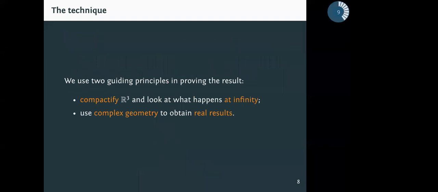So I would like to spend a moment discussing the technique that we adopt. And the technique is a geometric and combinatorial technique, I would say. Especially as far as the geometry is concerned, I would like to point out two main aspects. The first aspect is that we take R3 and make a compactification of R3 in a particular way.